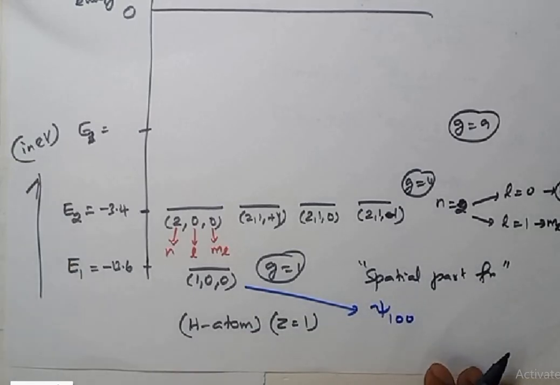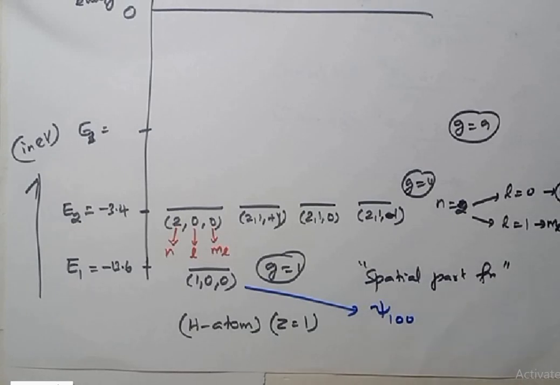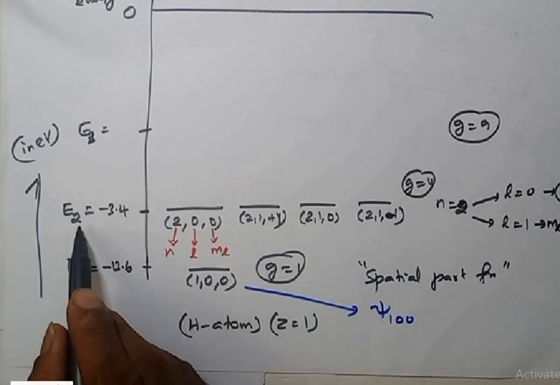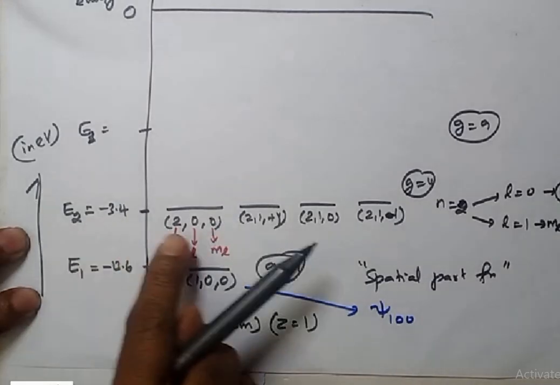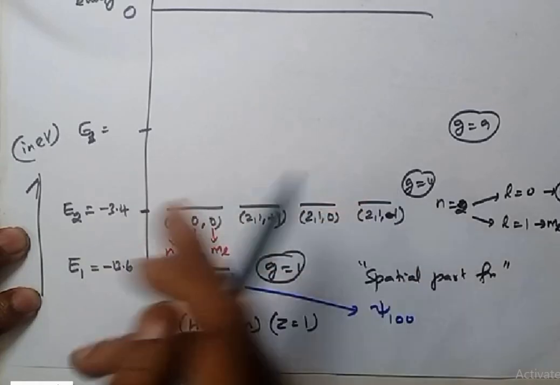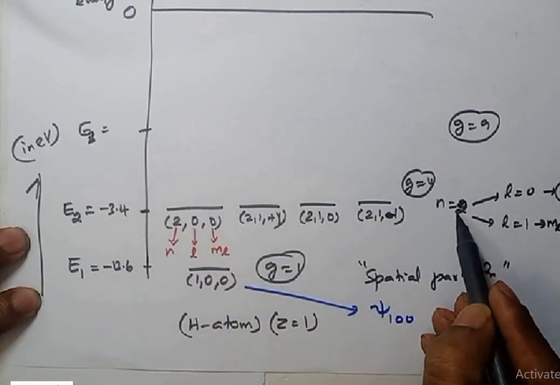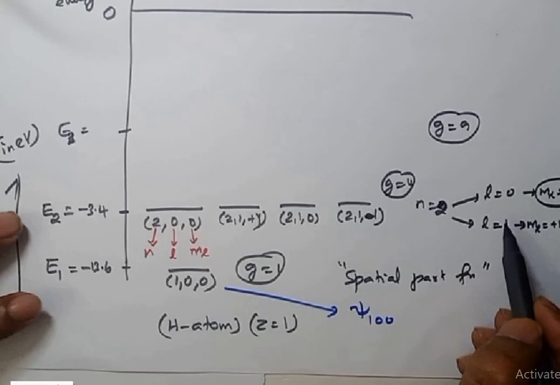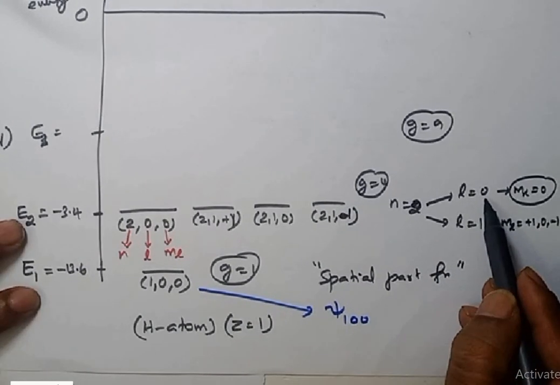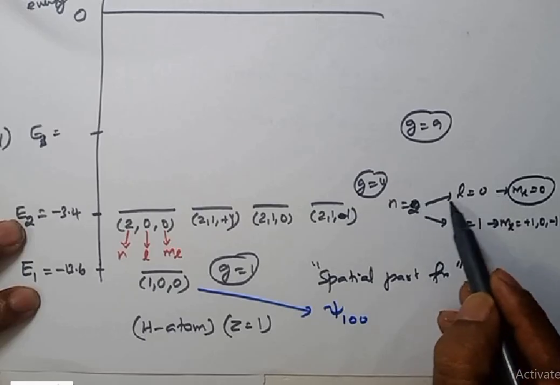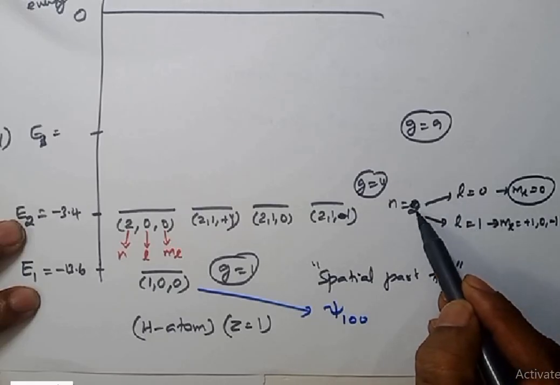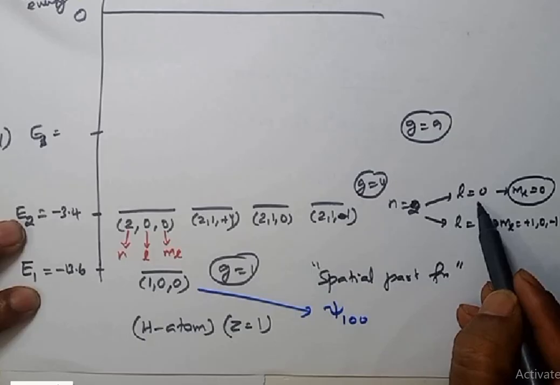Then, if I put n equal to 2, we get the energy as minus 3.4 electron volt. If you put n equal to 2, there are two possible values of L, L equal to 0 and L equal to 1. If L is 0, the possible ML value is 0. Therefore, we have one state with quantum numbers 2, 0, 0.